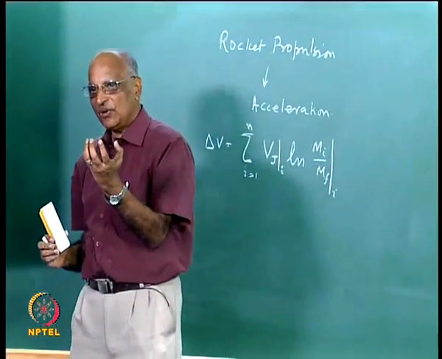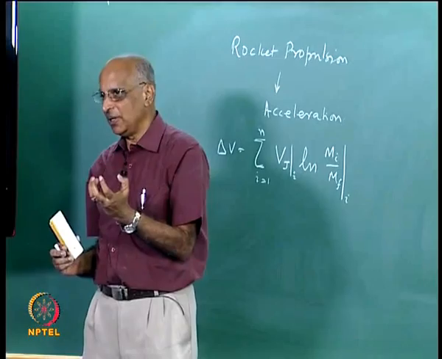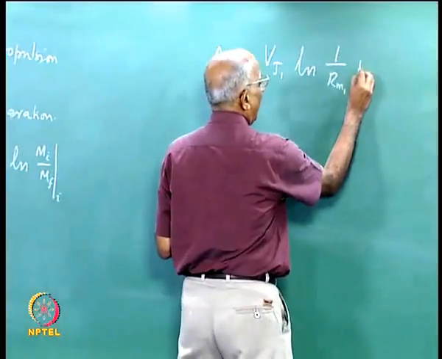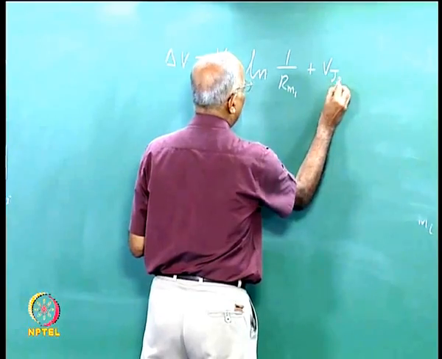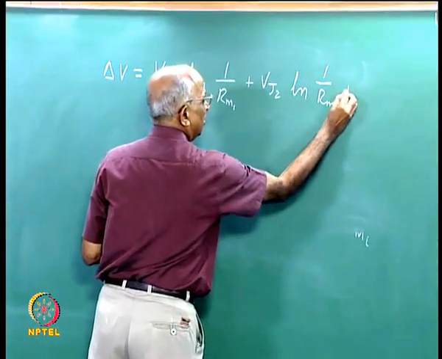We said the mass ratio of a rocket Rm is equal to the final mass divided by the initial mass, therefore it is Rm1, plus Vj2 ln of 1 over the mass ratio of the second stage, plus and so on.